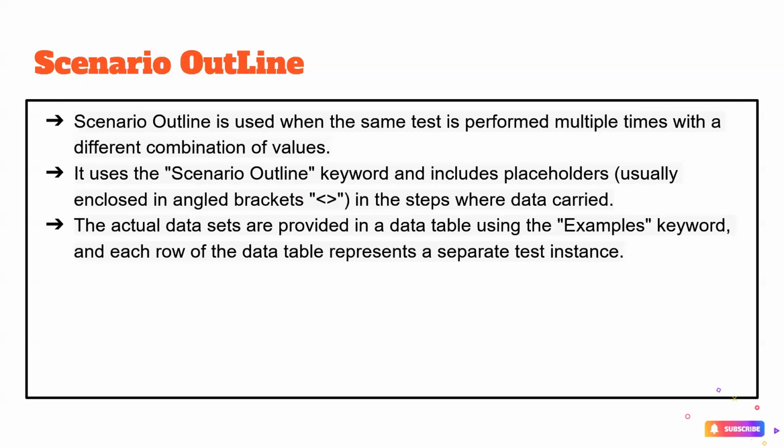The actual data sets are provided in the data table using the Examples keyword, and each row of the data table represents a separate test instance. We pass those variable data in the examples section using the pipe symbol. We'll see that in the scenario outline feature file.